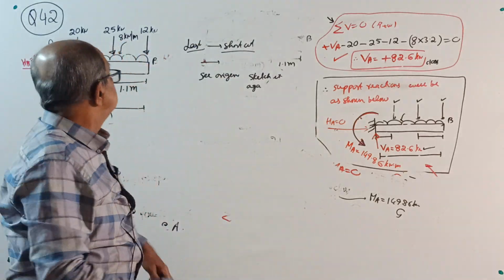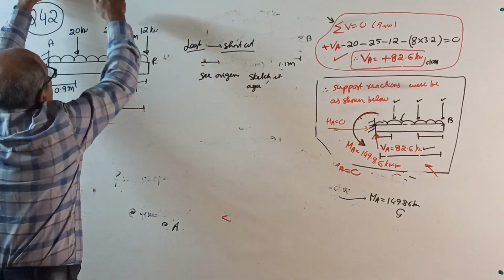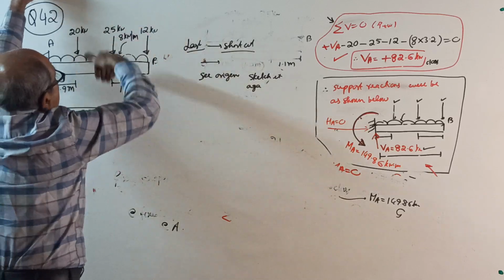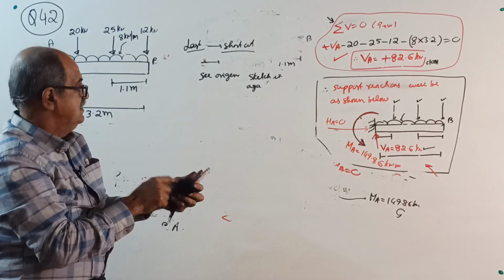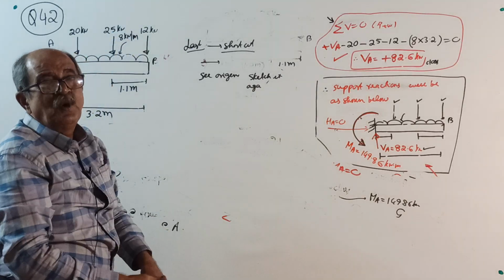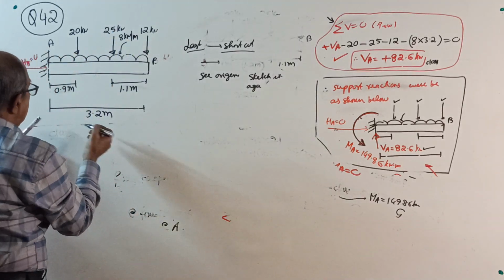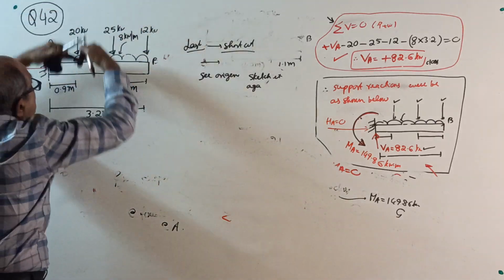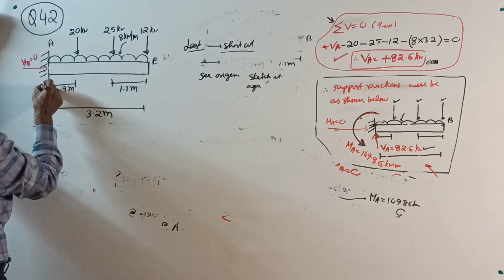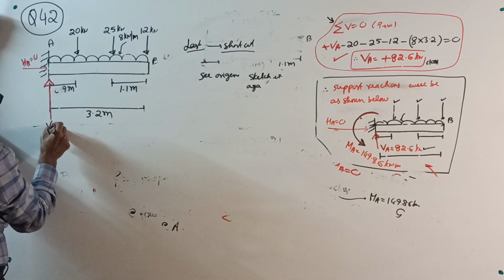Vertical equilibrium: down 12, down 25, down 20, down 8 into 3.2. I use the calculator only. Down 82.6. To balance it, up 82.6 VA.